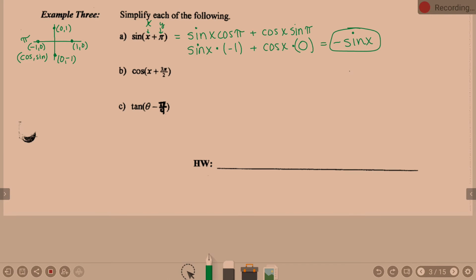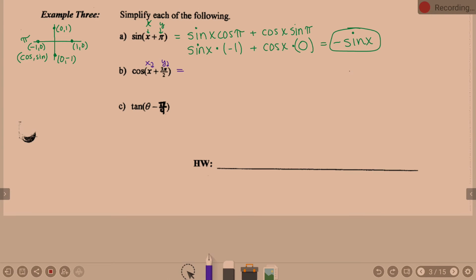Okay, let's try B. Cosine of x plus 3 pi over 2. Write out the identity with me, please. What do we start with?